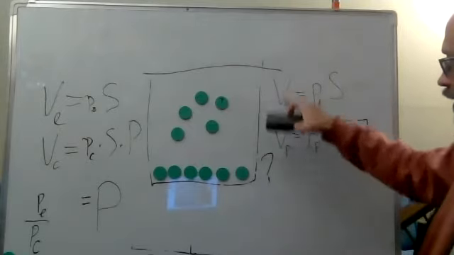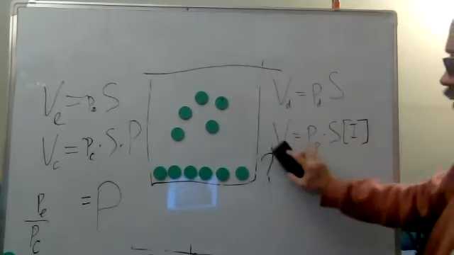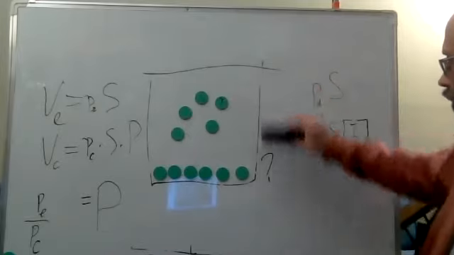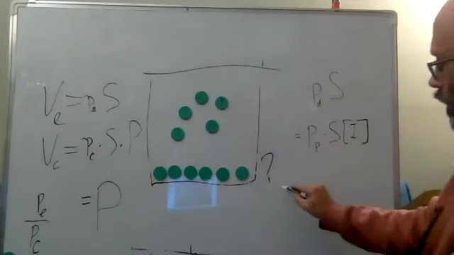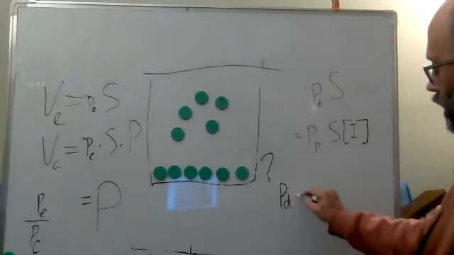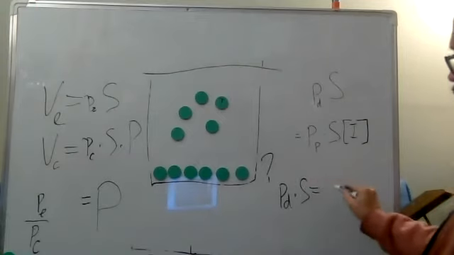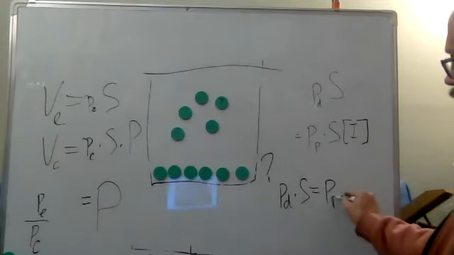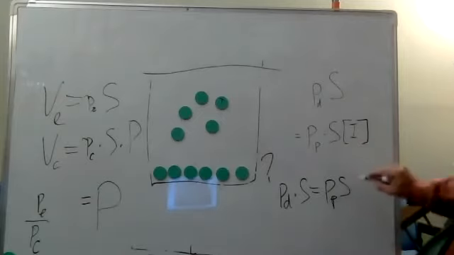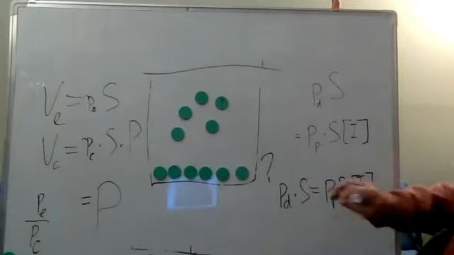These two parameters are equal. So PV times S equals PT times S times the concentration.